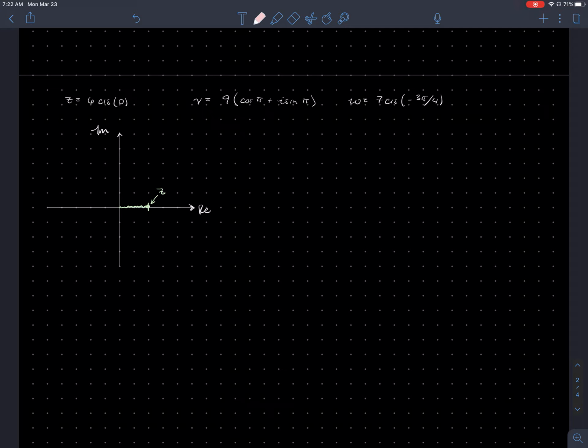Okay, now let's do V. Say 9, come out right here. And then we want to rotate it around by pi. Now recall cosine plus i sine of some angle is the same thing as CIS of some angle.